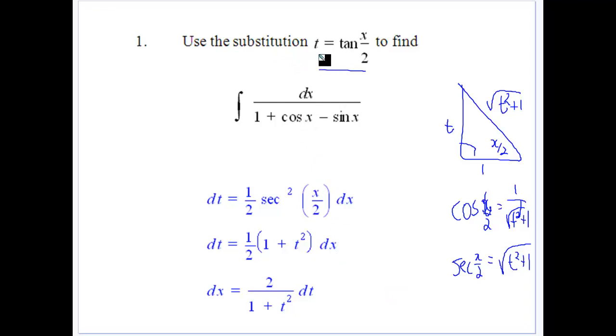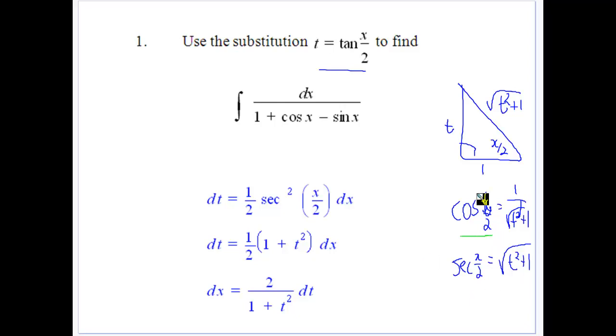So we use the substitution of tan of x on 2 for t to solve dx over 1 plus cos x minus sine x. Now we do dt, the derivative of tan of x on 2, which gives the half sec squared x on 2. Now where does sec x on 2 come from? Well, obviously it comes from the idea of cos of x on 2.